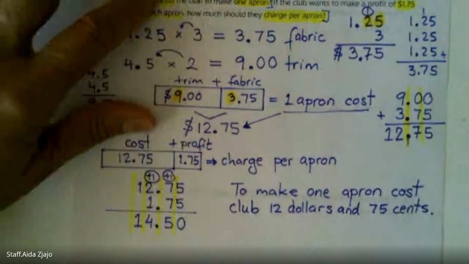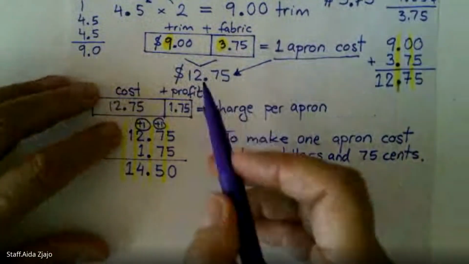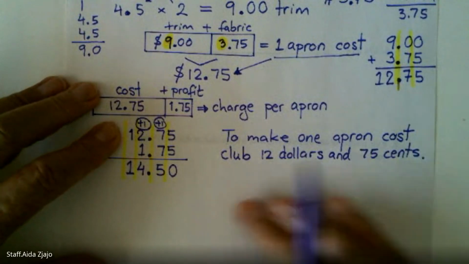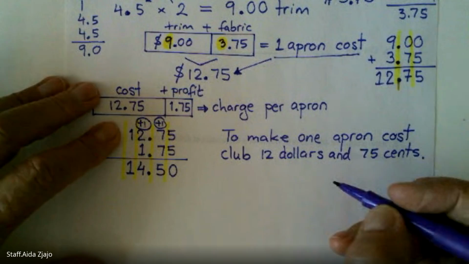Okay, we can also write that as 12 and 75 hundredths, but $12.75 makes sense in written form.